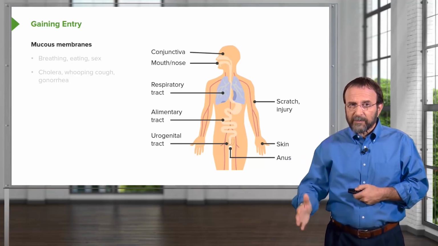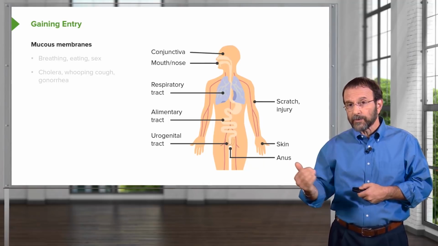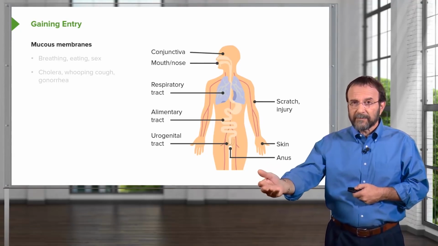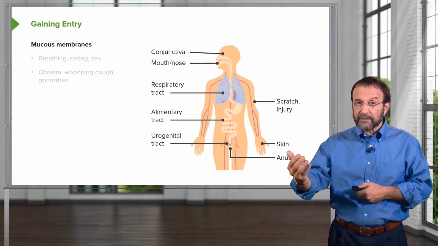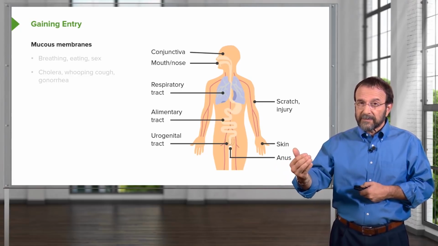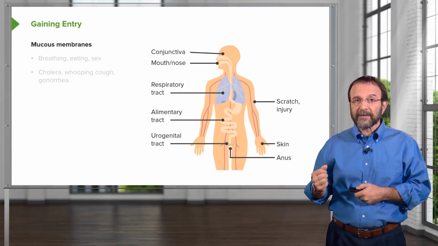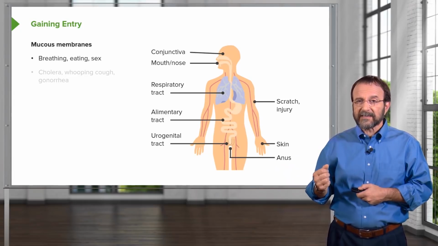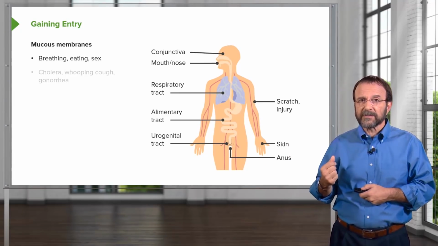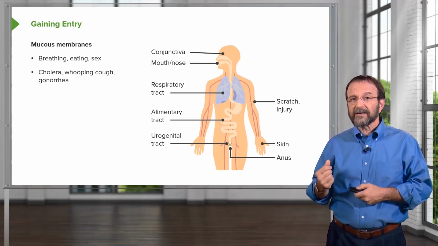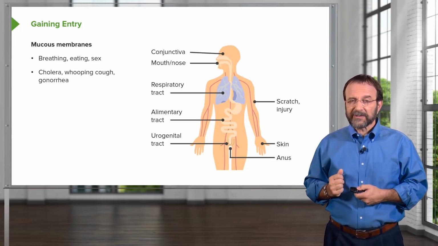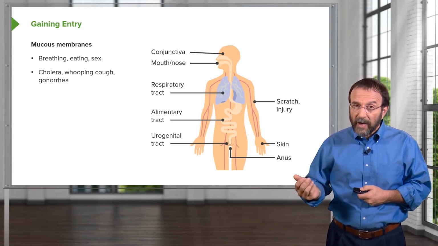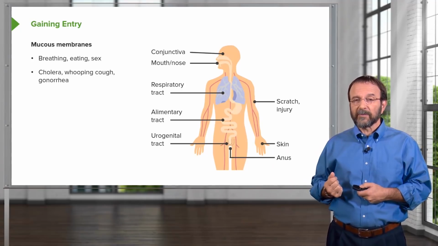That is all lined with mucous membranes because it has to absorb food and excrete waste. And because it's a mucous membrane, it is vulnerable. It is not sealed against entry. Things like breathing, eating, having sex, all can introduce pathogens into us. Cholera, whooping cough, and gonorrhea are examples of bacterial infections that are acquired across mucosal membranes.